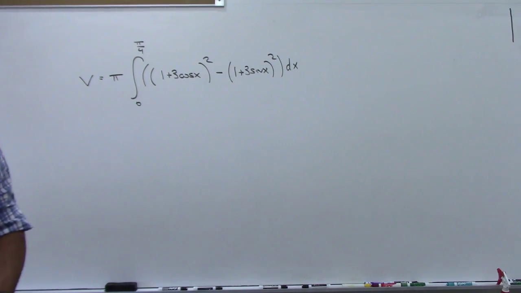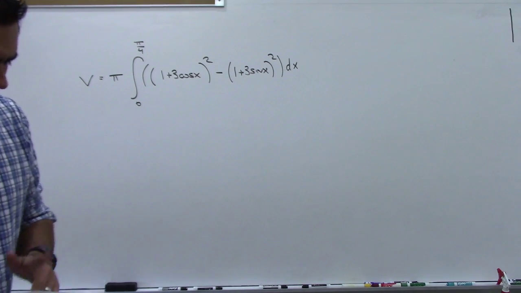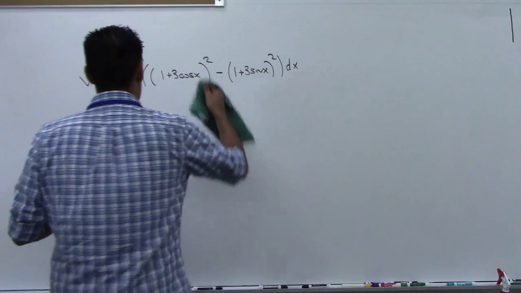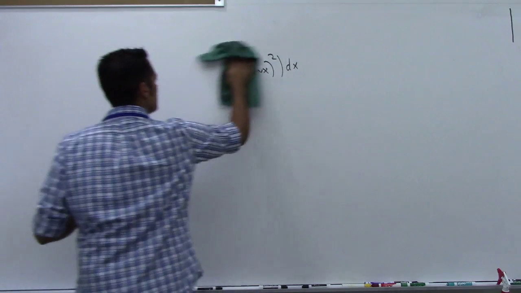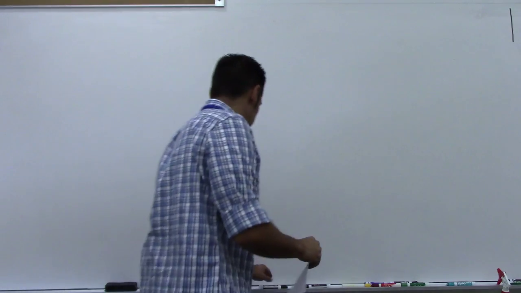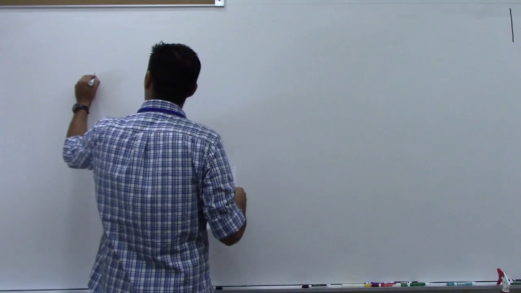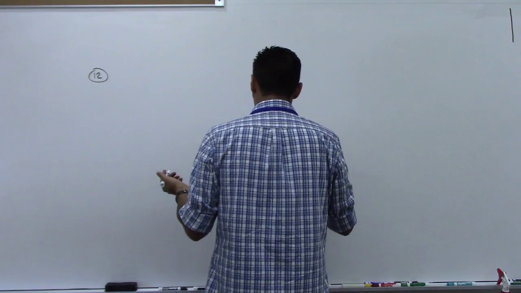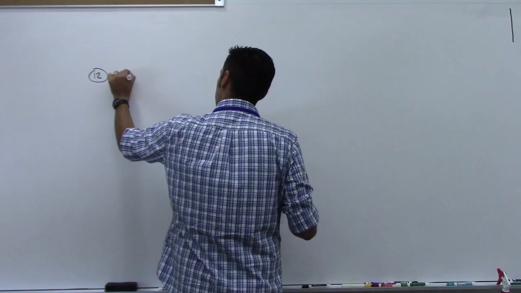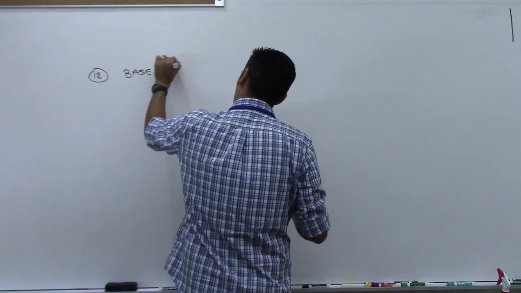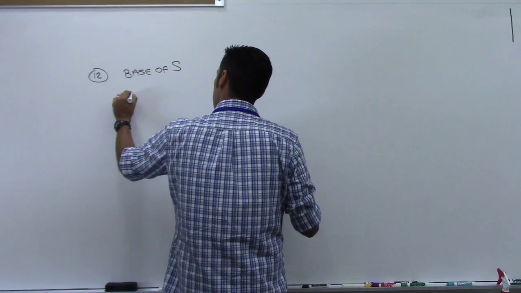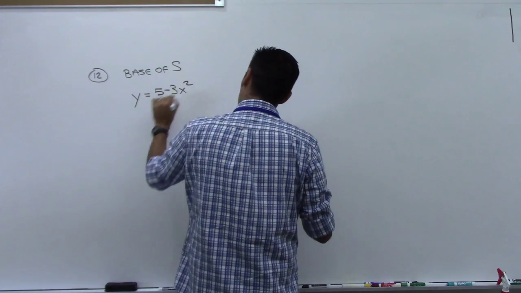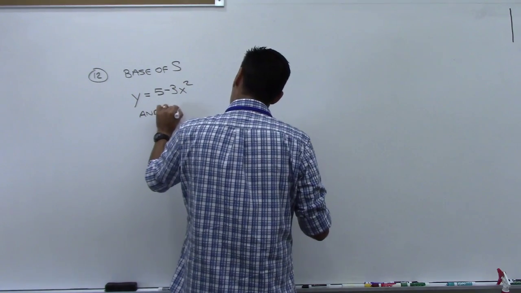Number 12 says find the volume of the solid described here. The base of S is the region enclosed by y equals 5 minus 3x squared and the x-axis.